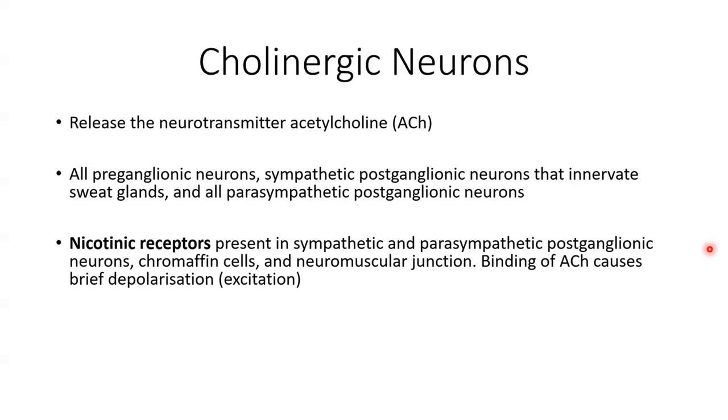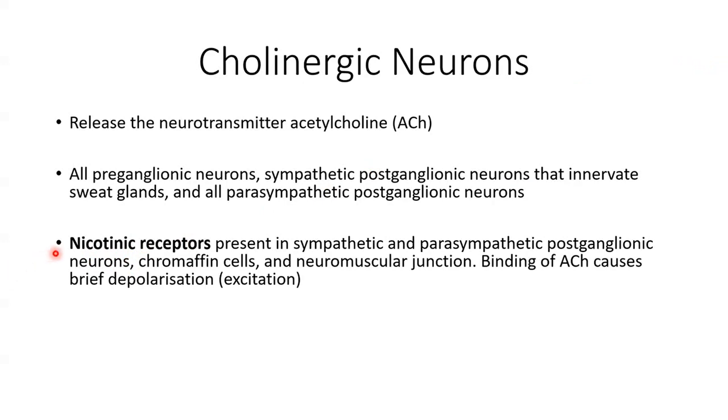And then it binds with specific cholinergic receptors in the postsynaptic plasma membrane, so the surface of that postsynaptic cell. The two types of cholinergic receptors, both of which bind acetylcholine, are nicotinic receptors and muscarinic receptors. So we'll talk about that next.